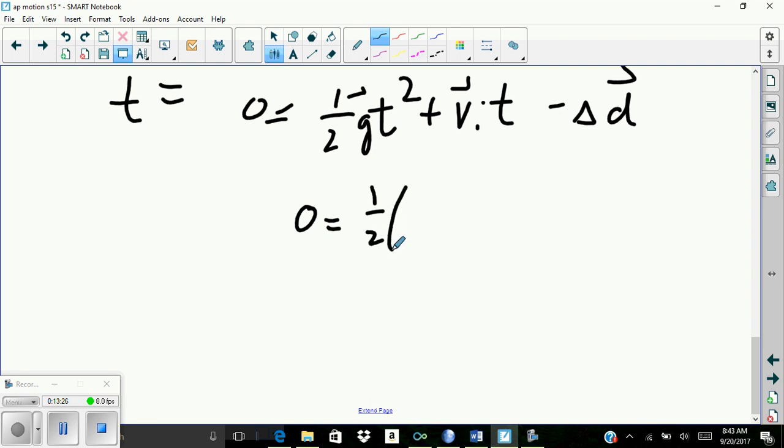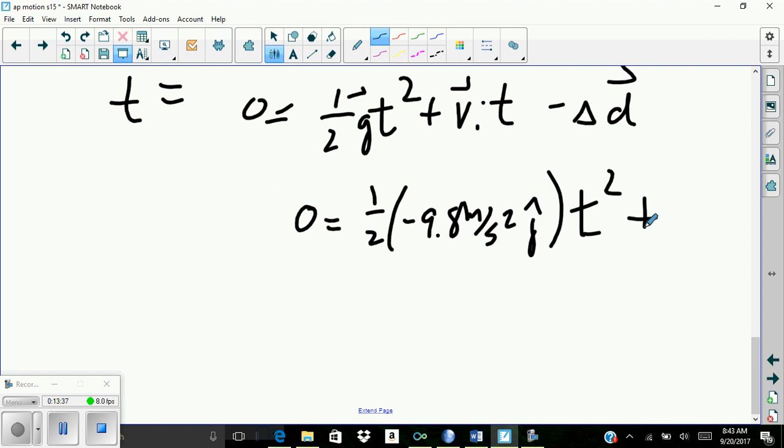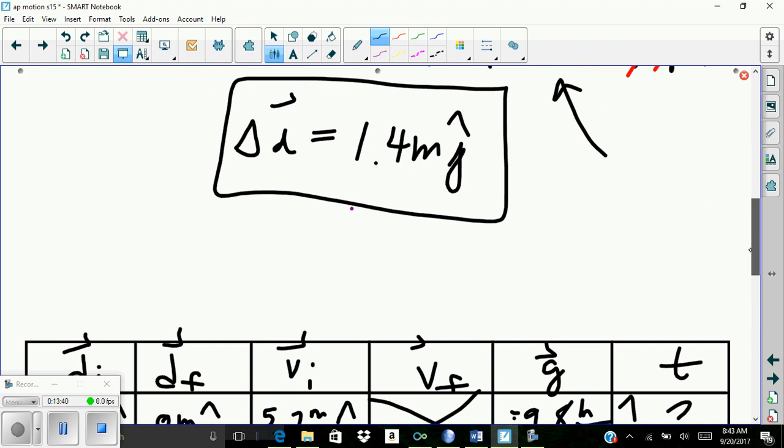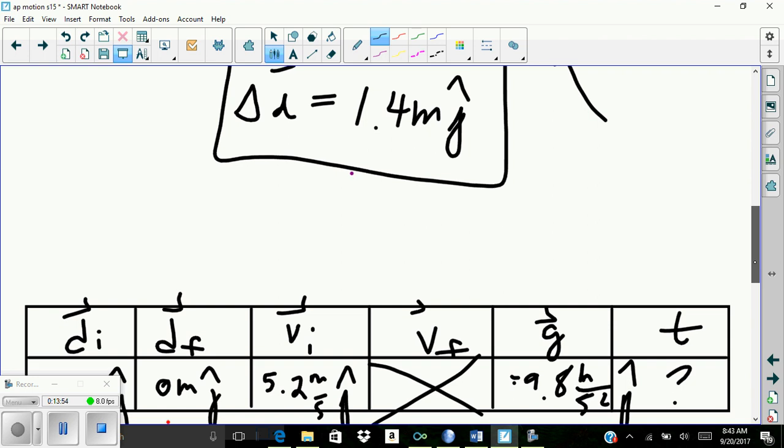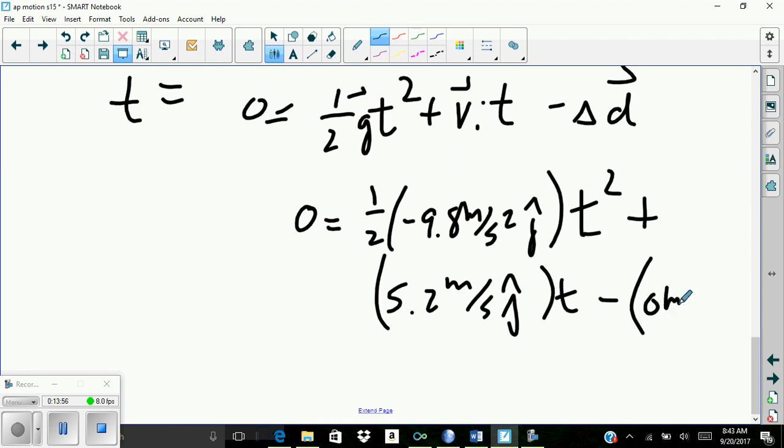I get 1/2 times negative 9.8 meters per second squared J hat T squared plus my initial velocity, which in this case is 5.2 meters per second J hat times T minus final minus initial 0 meters J hat minus the 2.13 meters J hat.